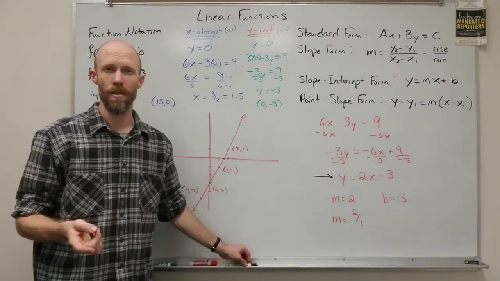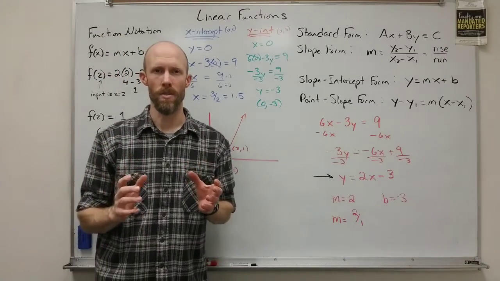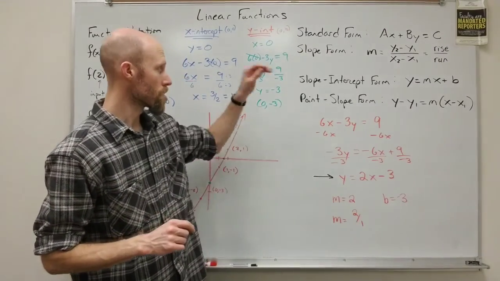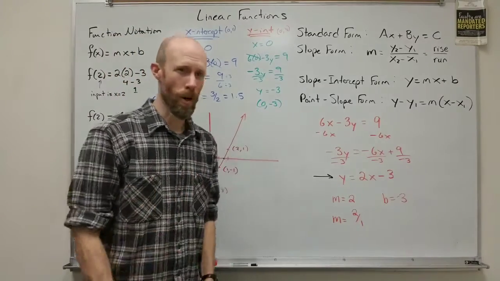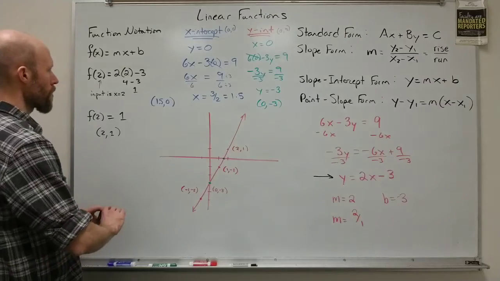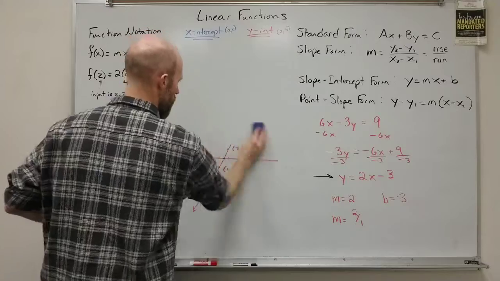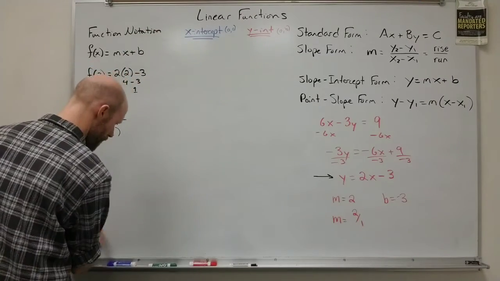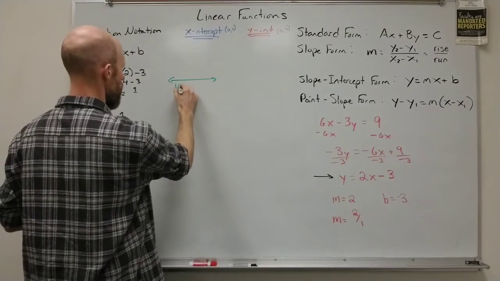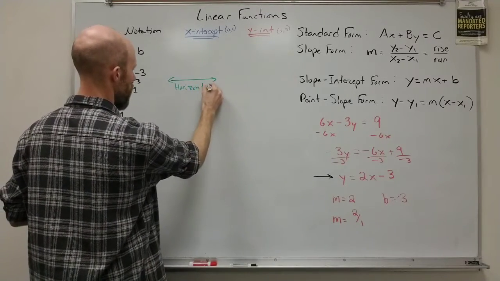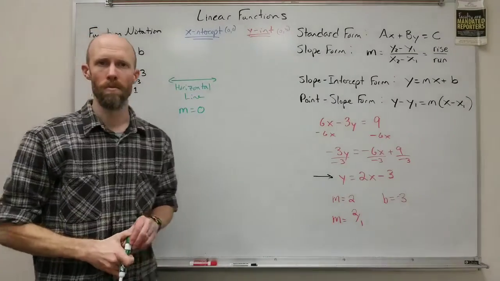The other thing that I have left to mention here is when you have those vertical and horizontal lines, the slope-intercept form is a little bit different. You don't quite have the same form of an equation. If you think for a moment about what would happen in the case where you have a horizontal line, we said that the slope is 0 for a horizontal line.